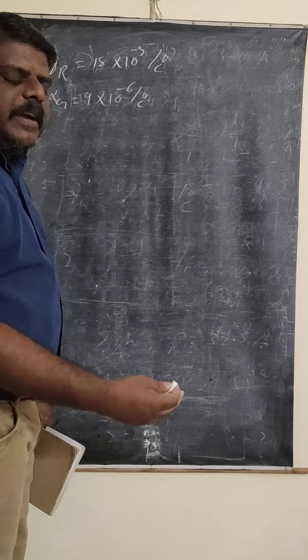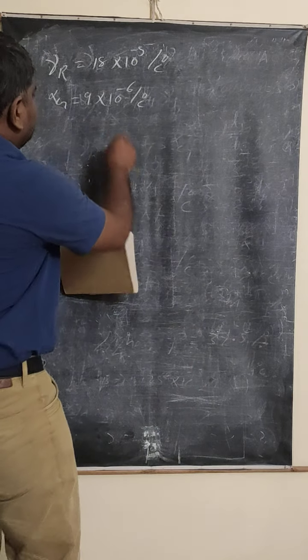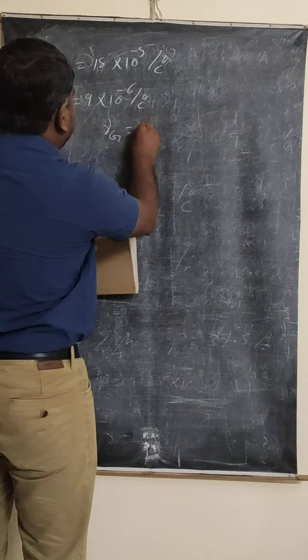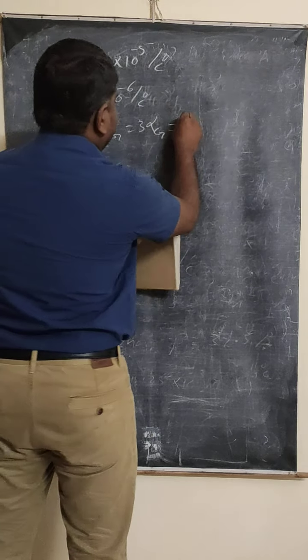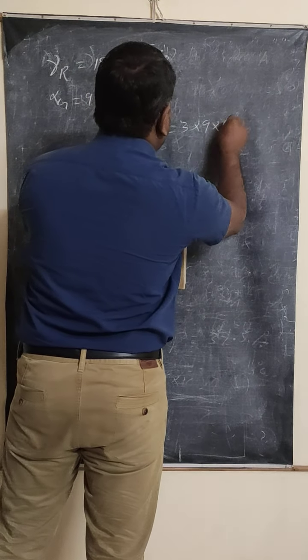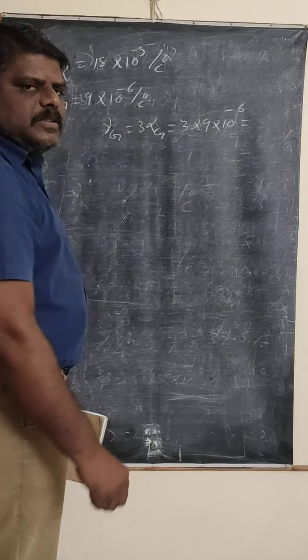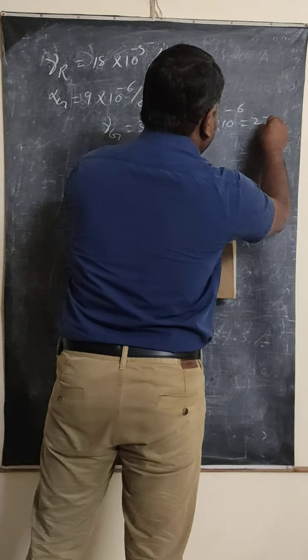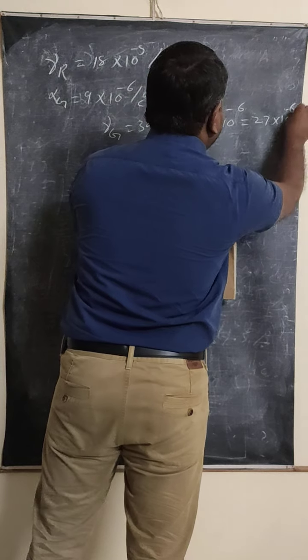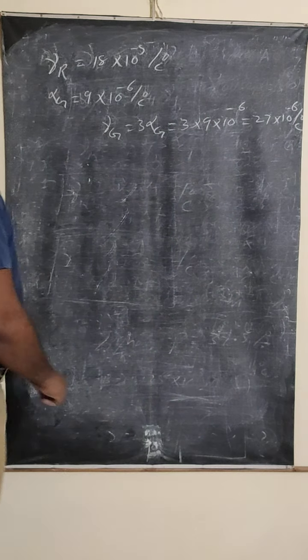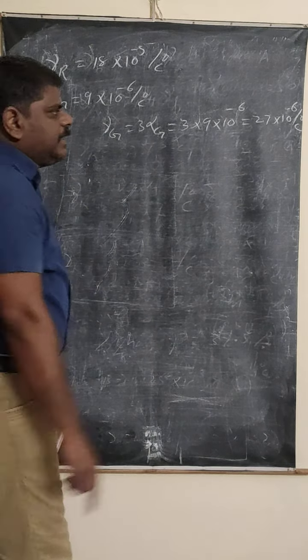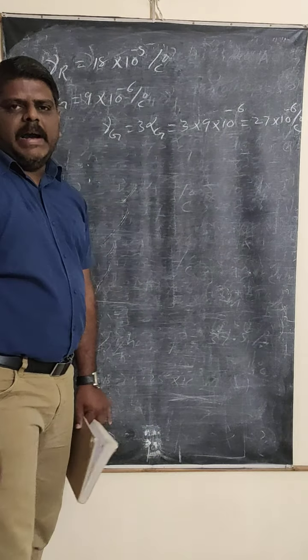Using this we can find the gamma g value. Gamma g is equal to 3 alpha g, which is 3 into 9 into 10 to the power of -6. 3 nines are 27, so it becomes 27 into 10 to the power of -6 per degree Celsius. We have calculated the gamma g value.